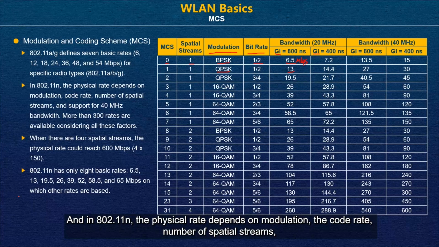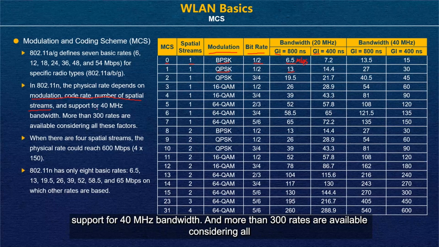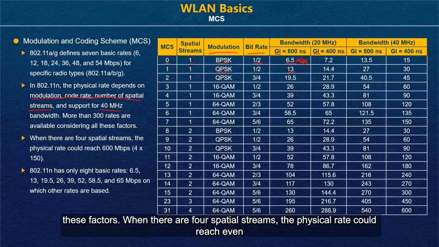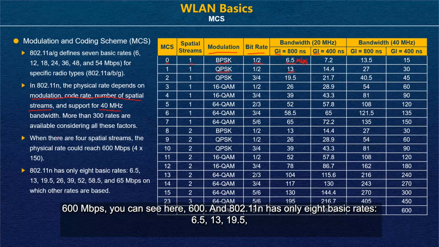And in 802.11n, the physical rate depends on modulation, the code rate, number of spatial streams, support for 40 MHz bandwidth, and more than 300 rates are available considering all these factors. When there are 4 spatial streams, the physical rate could reach even 600 Mbps.